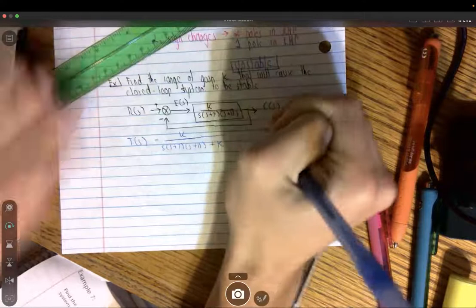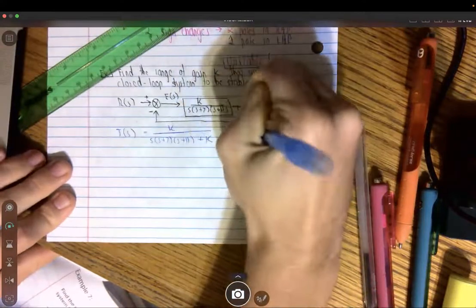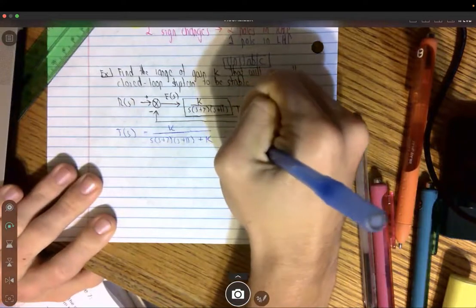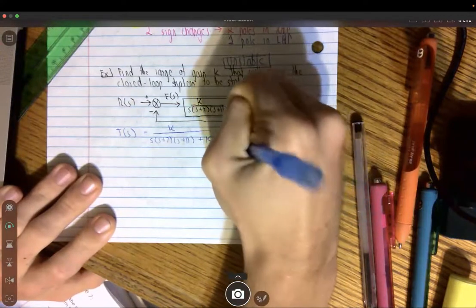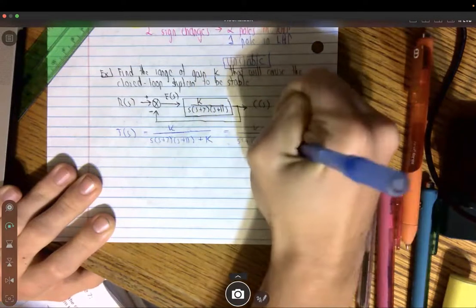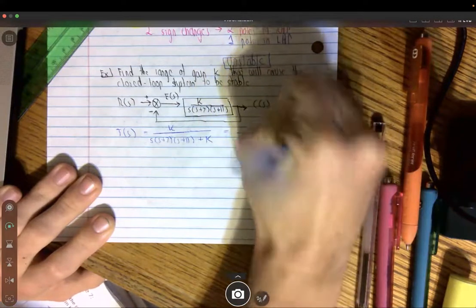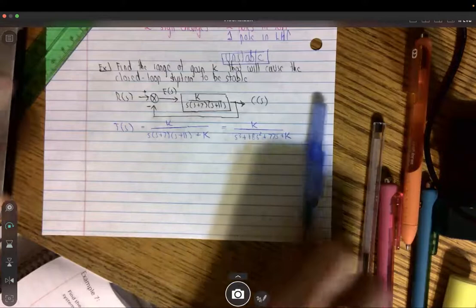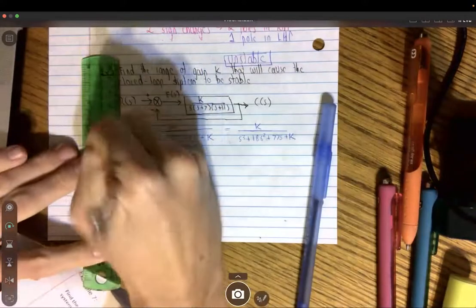Okay. And then when we simplify this, we're going to get K over S cubed plus 18S squared plus 77S plus K. And then what we're going to do is we'll make our Routh-Hurwitz table.